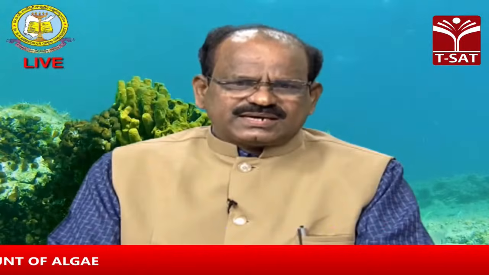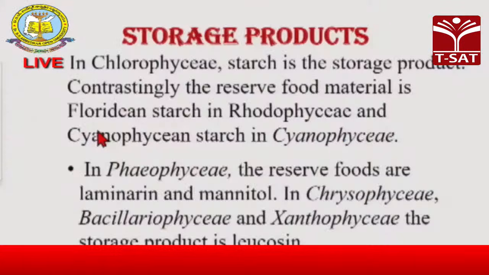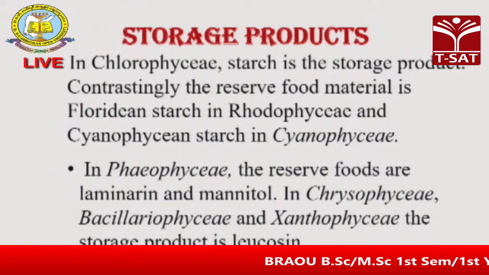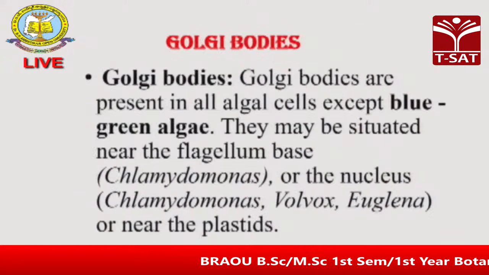The main important components are the storage products. In Phaeophyceae the reserve food material, as I already told you, is laminarin and mannitol, and in Chrysophyceae, Bacillariophyceae and Xanthophyceae, leucosin is the very important food product.